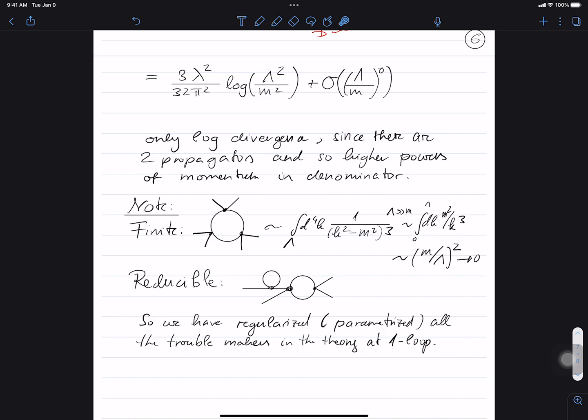We'll see how to have a well-defined limit of the theory where this cutoff, for example, goes to infinity, or any process where the regulator is removed, still by an intelligent construction of counterterms, by again adding and subtracting terms, we will manage to keep the theory healthy and well behaved while sending the cutoff to infinity. But that's the topic for the next lecture.